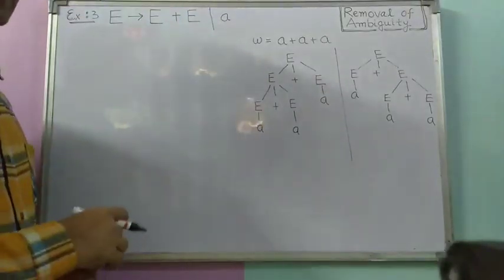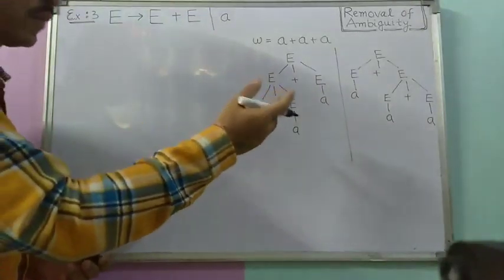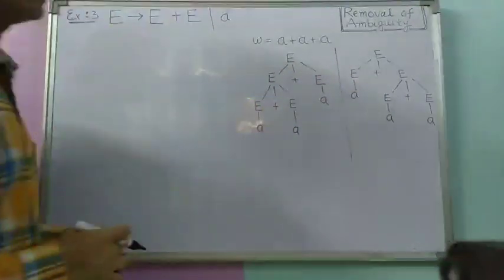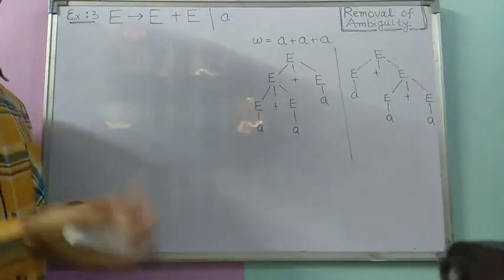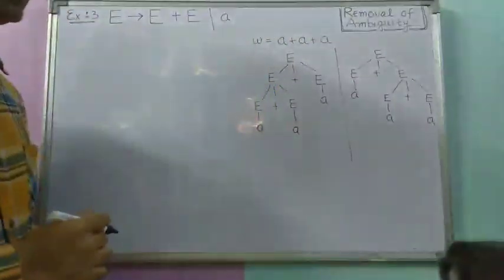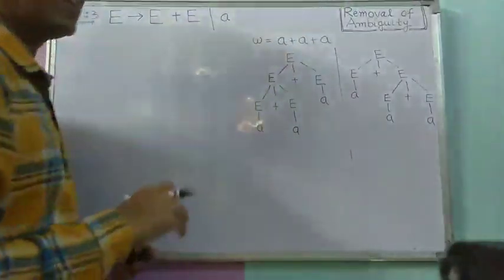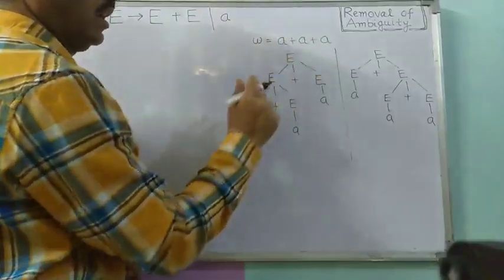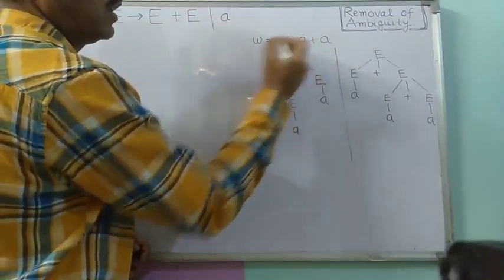The answer is given to us by the question: among these two available derivation trees, which one is correct, which one do we want to keep? If we go by arithmetic expressions, our plus operation is left associative. It means if the expression is a plus a plus a, first this plus will be evaluated.